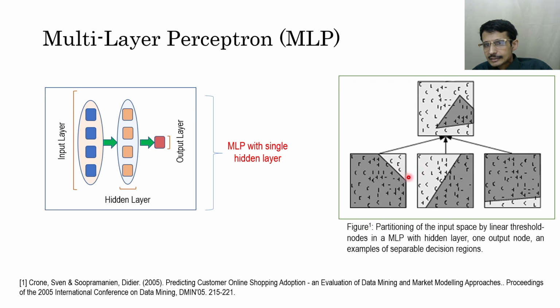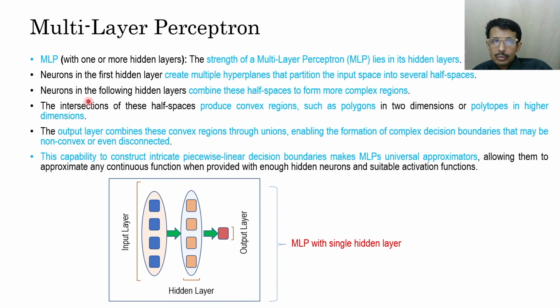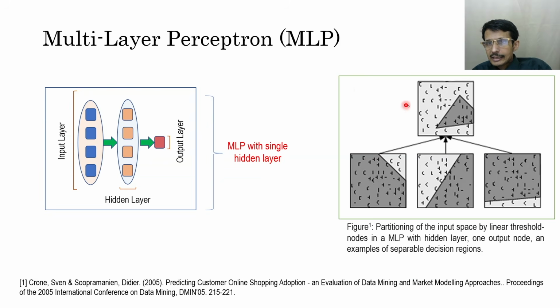Since there are several neurons, several partitions can fit. Now neurons in the following hidden layers combine these half spaces to form more complex regions. This is also very easy to understand. If we adjoin these half spaces, these lines, it gives you this.